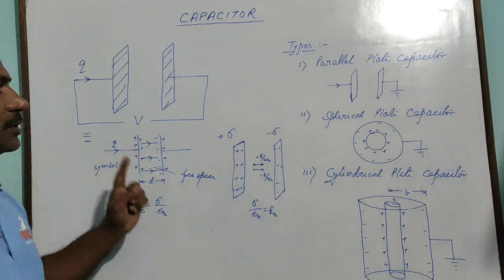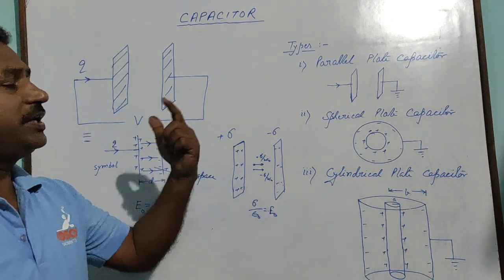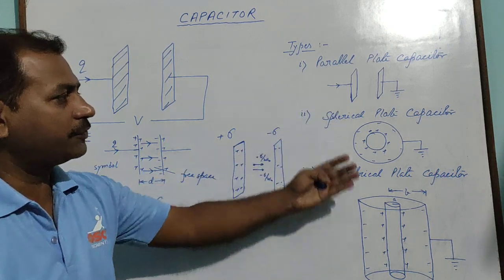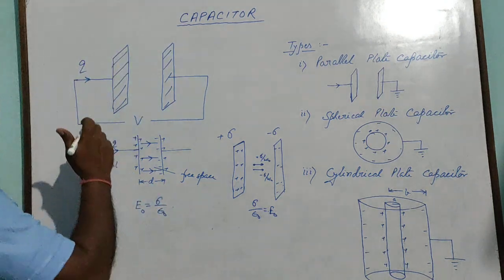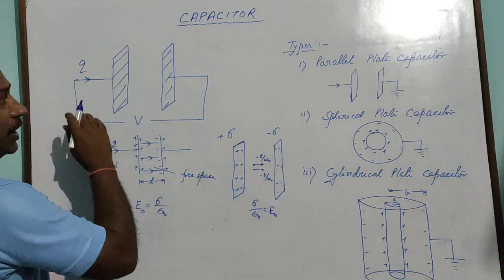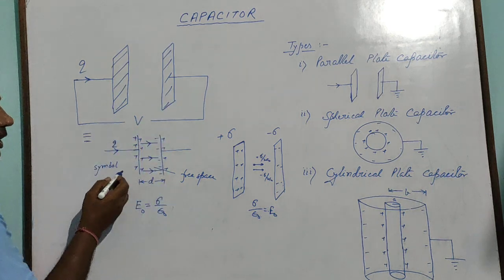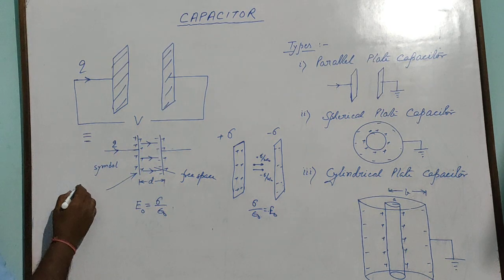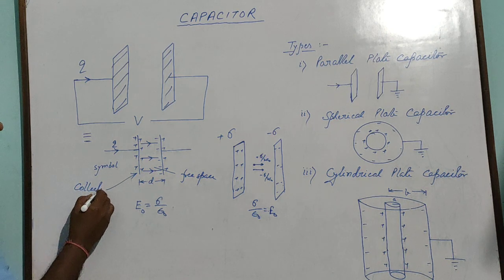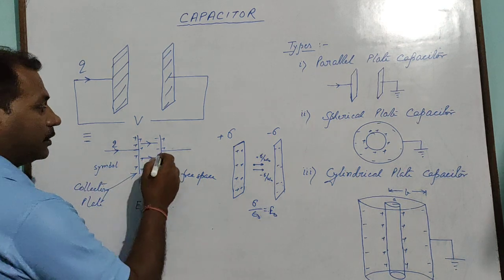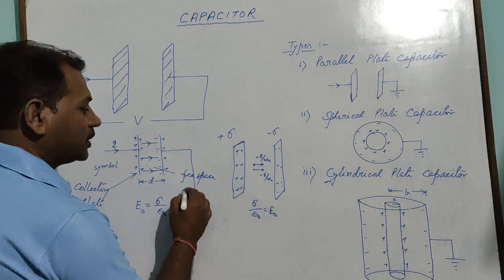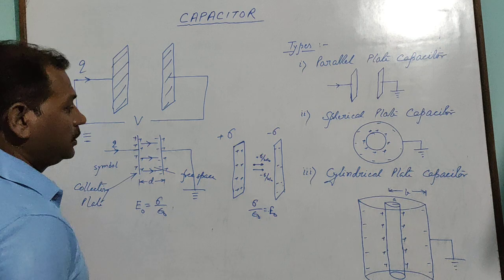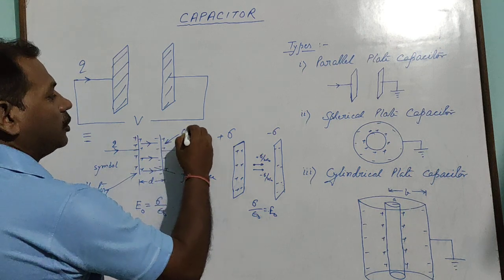Now, this is all about the capacitor. But there are different types of capacitor. Before going to the different types, we must know a basic concept: the plate on which we supply the charge will be named the collecting plate. The second plate, which sometimes we earth, is called the condensing plate.